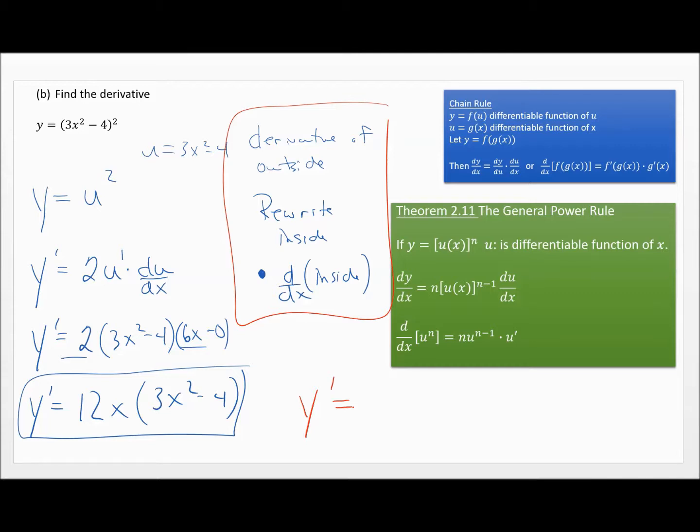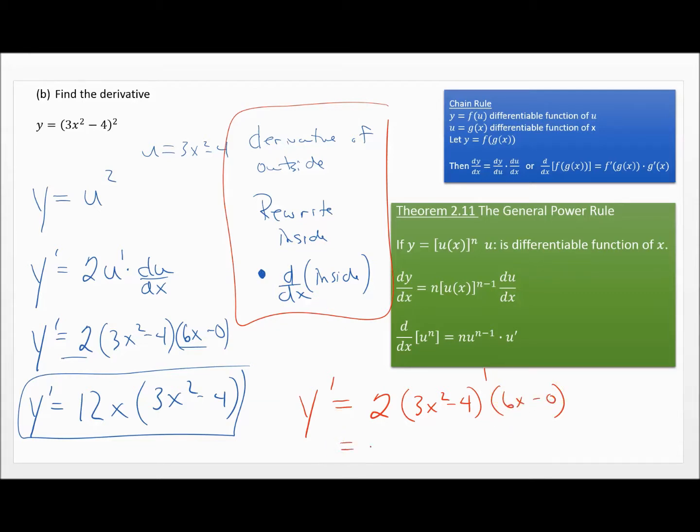So I say take the derivative of the outside. So that means power rule. Pull the 2 in front. Rewrite the inside. So that's going to be 3x squared minus 4 to the first power. That's how the power rule works. Times the derivative of the inside, which is going to be 6x minus 0.